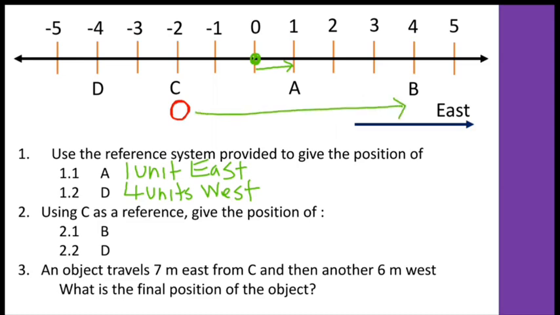You can see that I'll travel 4 minus 2. So this distance is actually 6, because I will go 1, 2, 3, 4, 5, 6. So B is actually 6 units east.